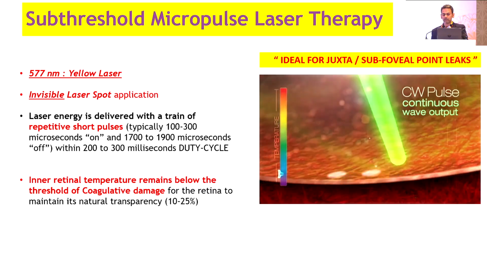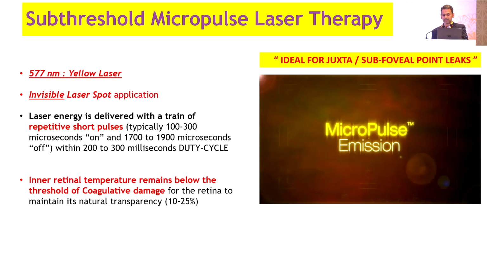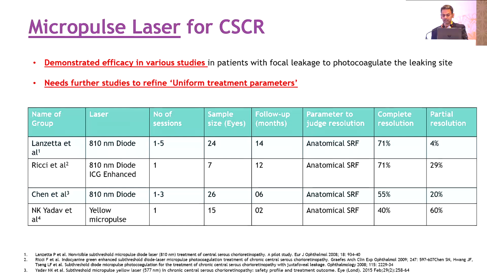That is what is being done in subthreshold micropulse laser, with heat shock proteins, and then the fluid resolves. Various studies have shown efficacy. The current issue is a lack of uniform treatment parameters, but it's recommended that it should be titrated based on an extramacular burn, with sequential follow-up. So we are working on that, and soon probably we'll have uniform parameters.